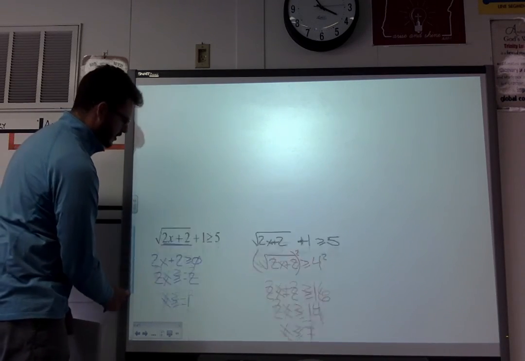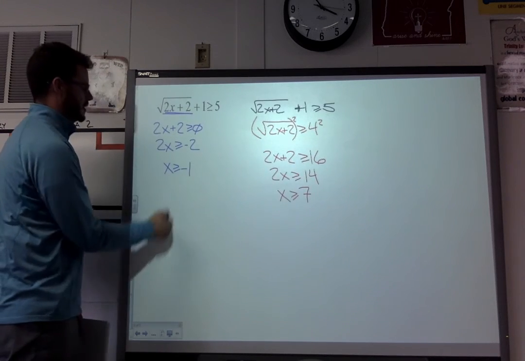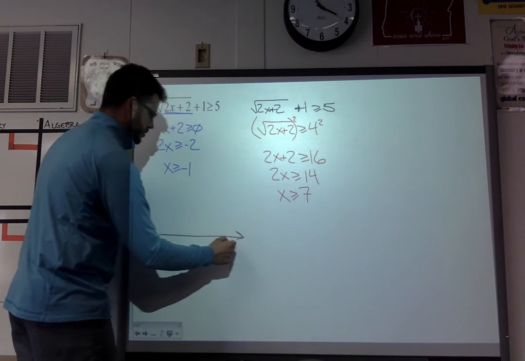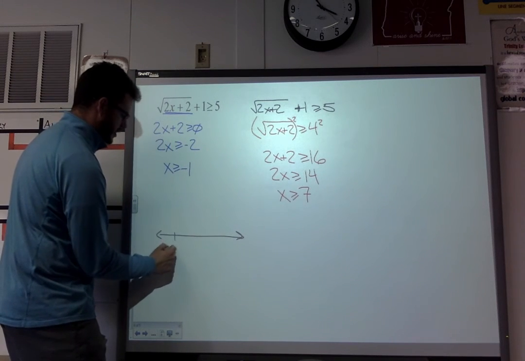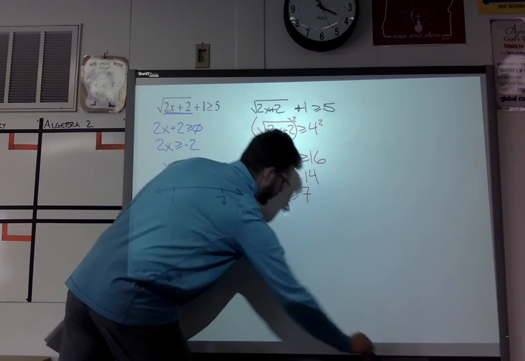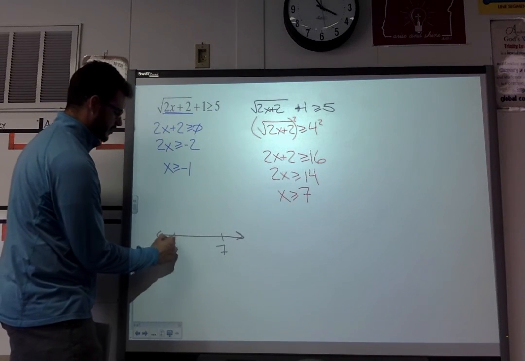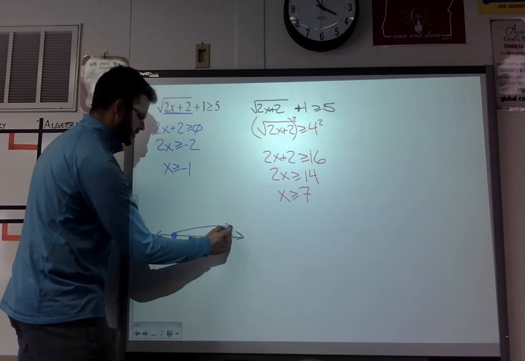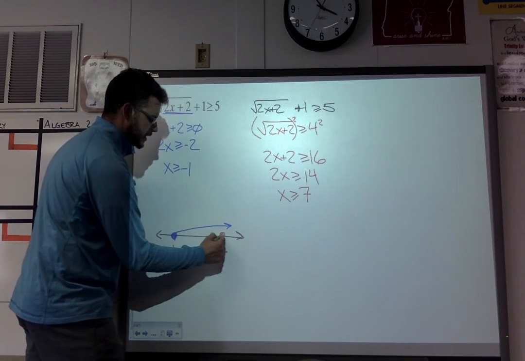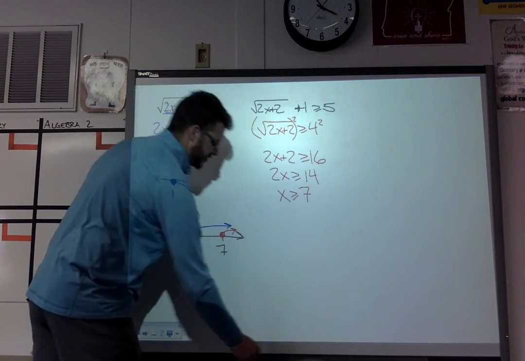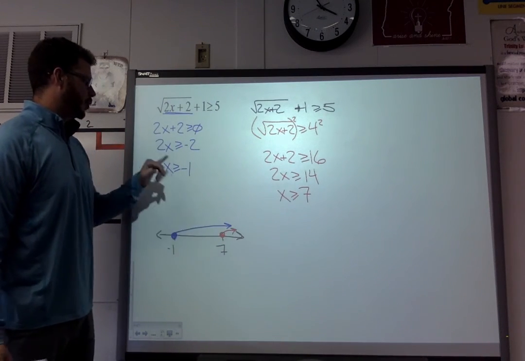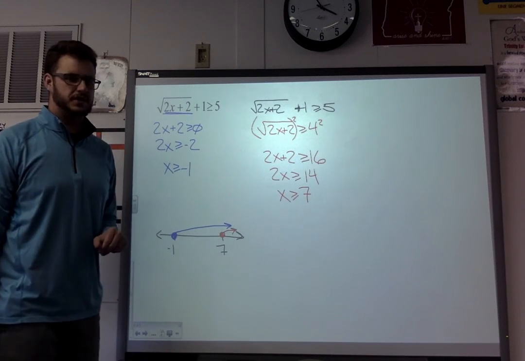Now if we take a look at this one that we just solved, and think of our two solutions on a number line, we're going to have negative 1 and 7 on that number line. And we have x is greater than or equal to negative 1, and we have x is greater than or equal to 7. Now our solution on this has to be where both expressions are true.